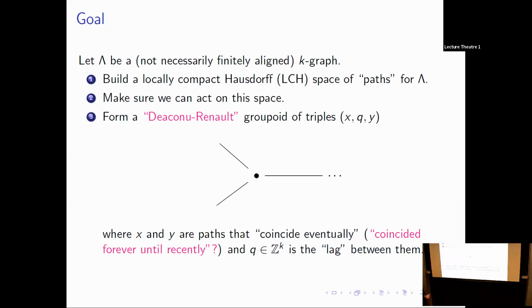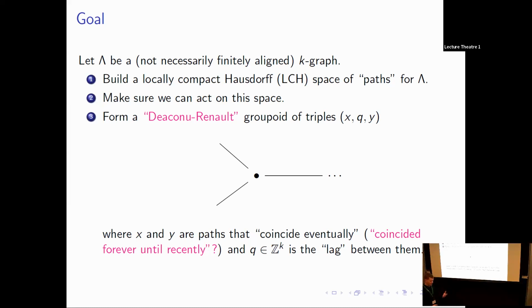Okay. So the goal today is to start with a graph, not necessarily finitely aligned, and we want to get to a kind of Deaconu-Renault groupoid. It's not going to exactly be that, but that's going to first take building a locally compact Hausdorff space. And as we saw from Patterson's remark in his paper in 2002, that first step of getting the right unit space can be quite challenging.